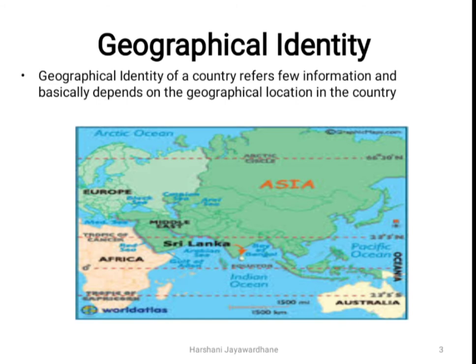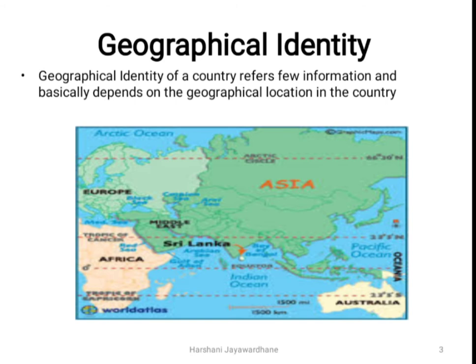That means geographical identity is based on the location of the country. We know about our country, Sri Lanka. It is in the Asian continent, as well as in the Indian Ocean. Likewise, we identify a country by using a map, or by using the things around us. We call this the geographical identity.